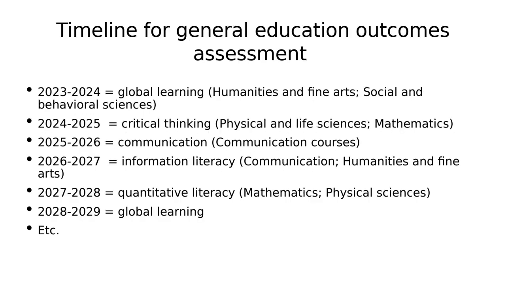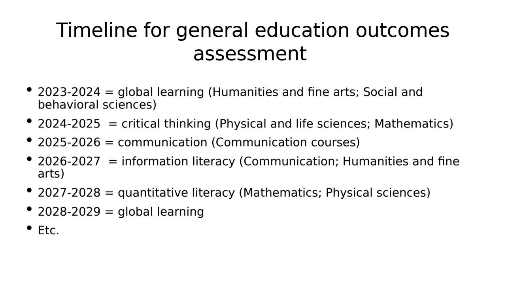Here's a timeline for the General Education Outcomes Assessment. Last year, during the 2023-2024 cycle, global learning was assessed. This year, we're going to be assessing critical thinking, and all five general education outcomes will be assessed over a five-year period, ensuring that all of them will be assessed. These are the specific areas in which we'll be asking for assessment.